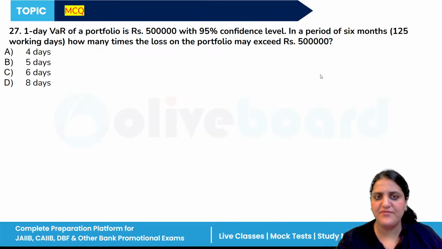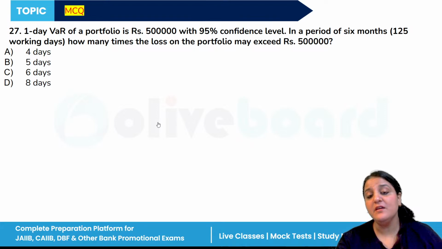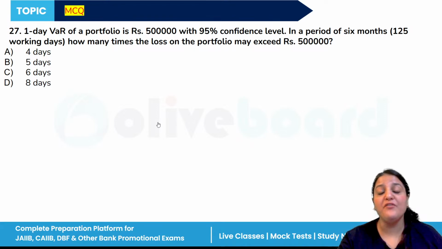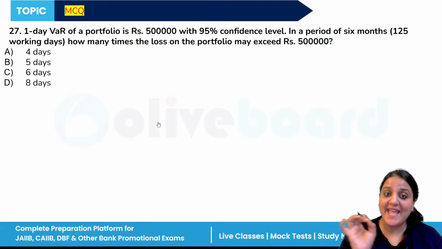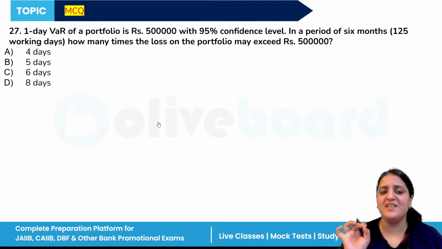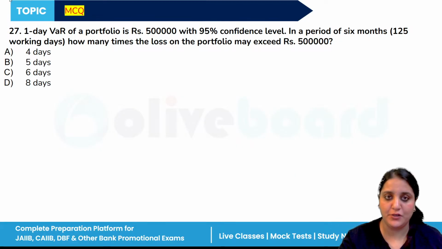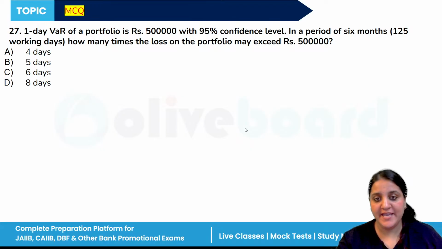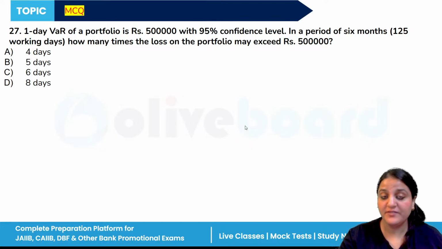Value at risk is basically a type of model or a measure which helps in measuring the risk of loss of investment or capital. It estimates how much a set of investment might lose. So here at 95% confidence, there is a 5% chance the loss exceeds value at risk on a given day.